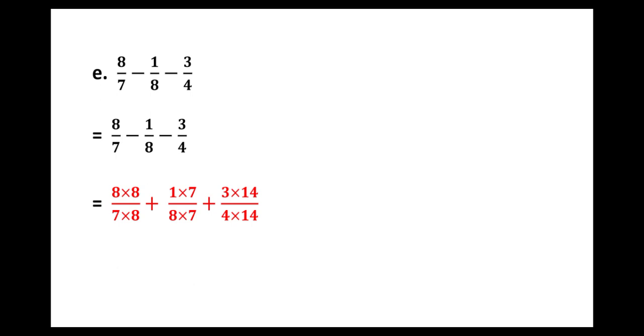In the second fraction, 1 upon 8, we multiply by 7 because 8 sevens are 56. The third fraction, 3 upon 4, we multiply by 14, because when we multiply 4 by 14 we get 56.